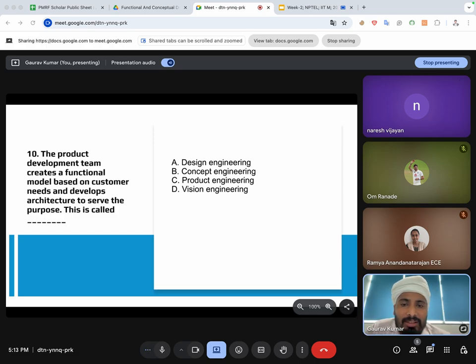Is it clear? Naresh? Gate analysis and phase analysis both are the same.